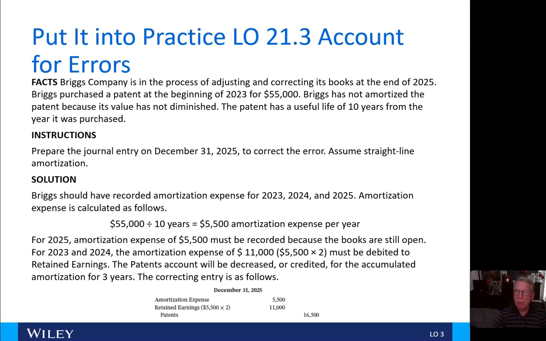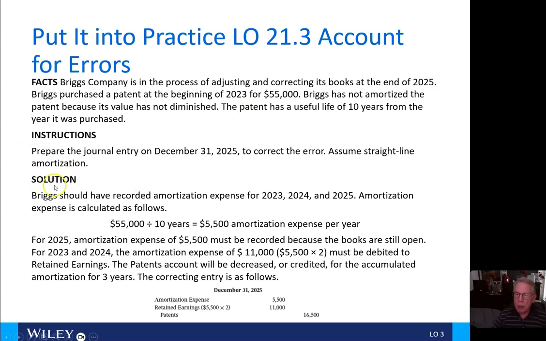Briggs has not amortized the patent because its value has not diminished. The patent has a useful life of 10 years from the year it was purchased. So they want you to prepare the journal entry on December 31, 2025 to correct the error. We're going to assume straight line amortization here.